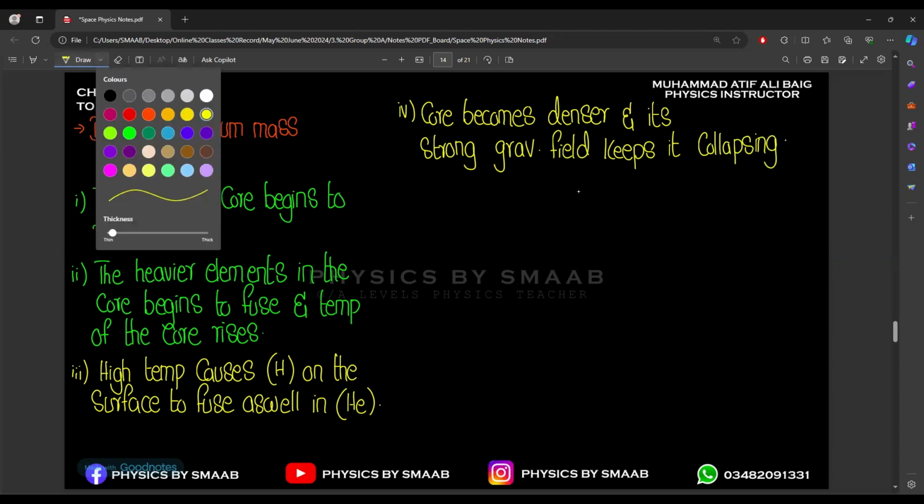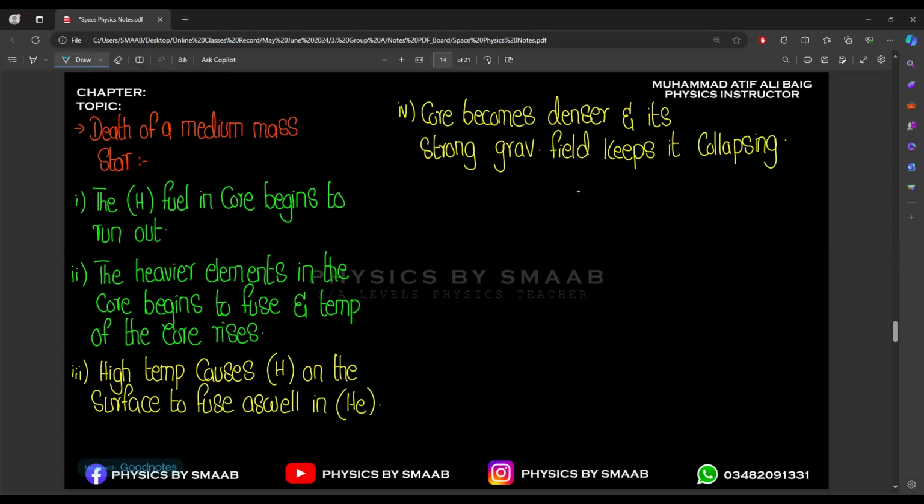So what happens in the fifth stage? Now it is going to be converted into a red giant. And how does it convert into the red giant? The gases on the surface expand, and since there is no more fusion reaction on the surface, it will cool down due to the large expansion.